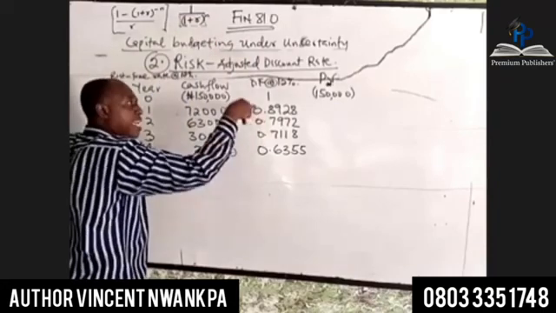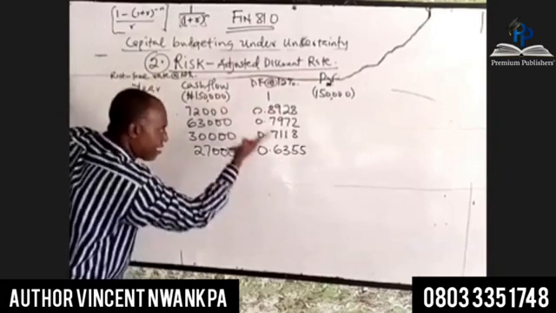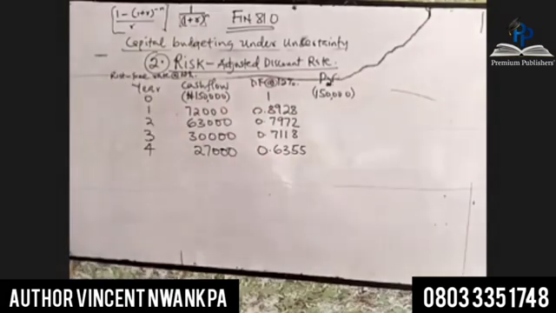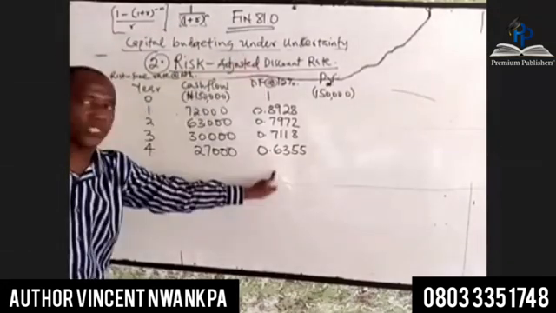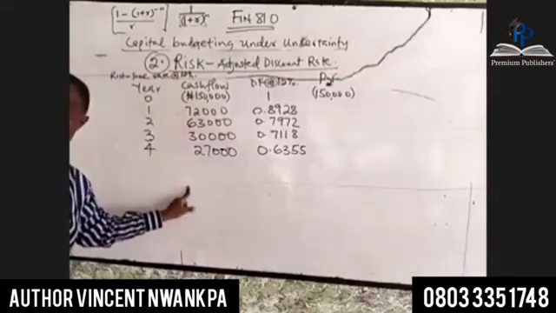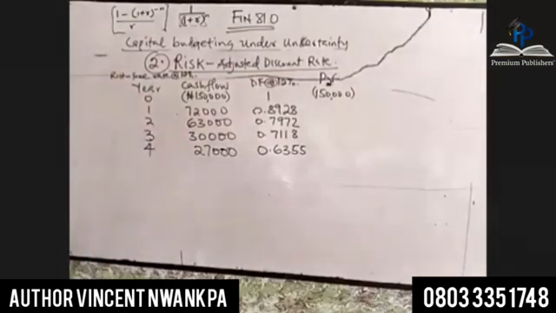You get the next one by dividing by the denominator, 1.12, like that, instead of wasting your time starting over with 1 over 1.12 raised to power 1, then power 2. This is the formula we are using because the cash flow is not the same. If it were the same, we would have used the other one to make things faster. Is it clear now? For year 1, the discount factor is 0.8929.